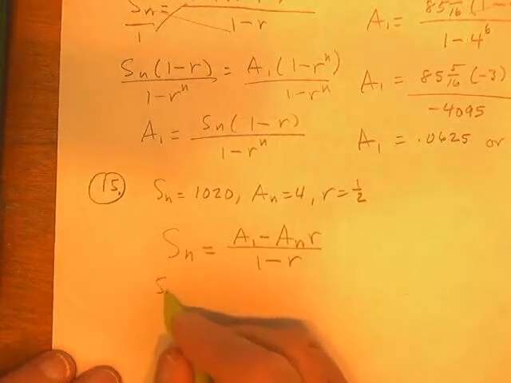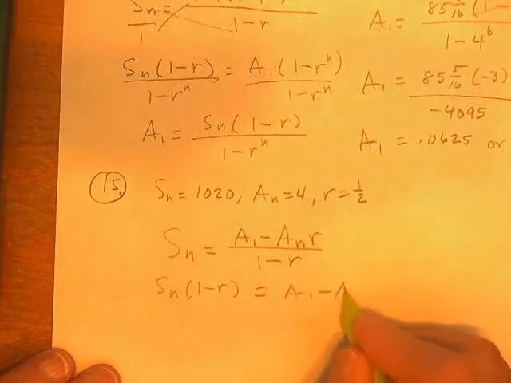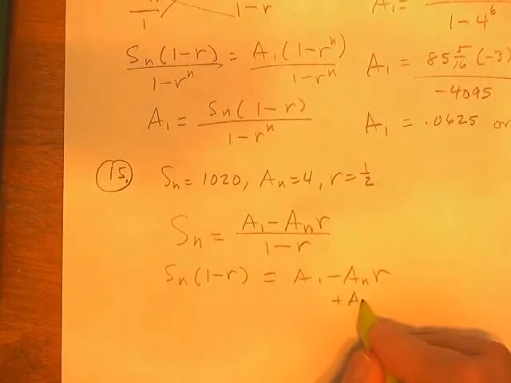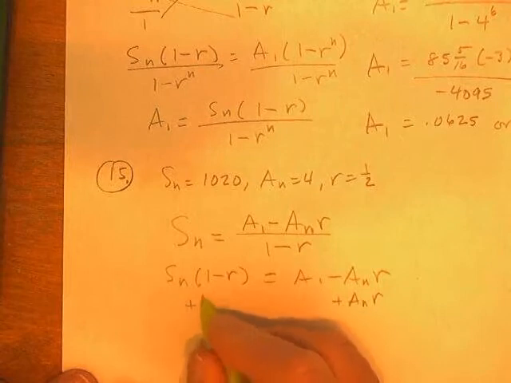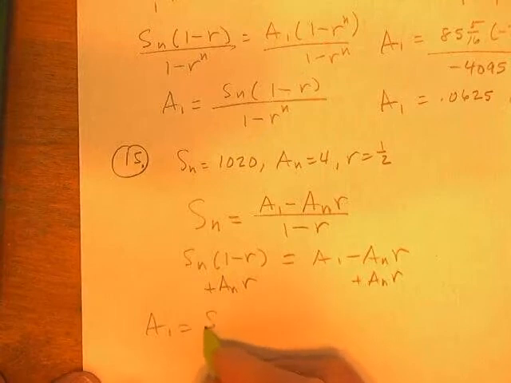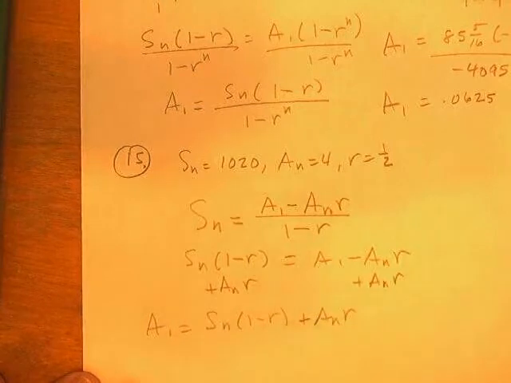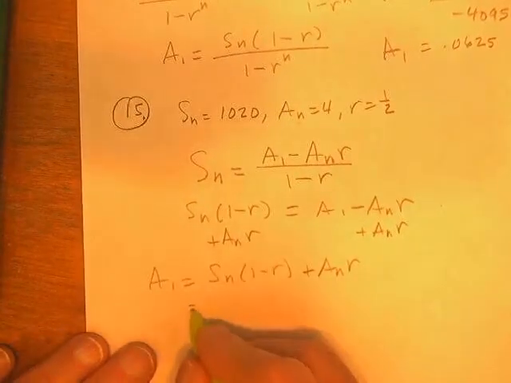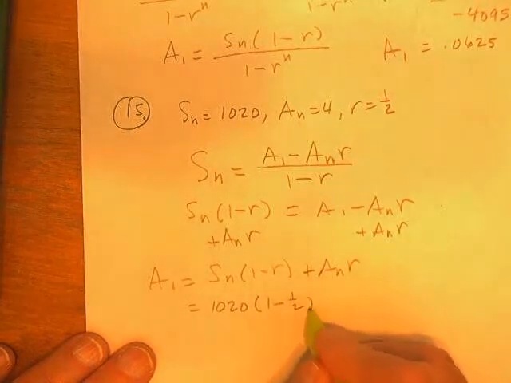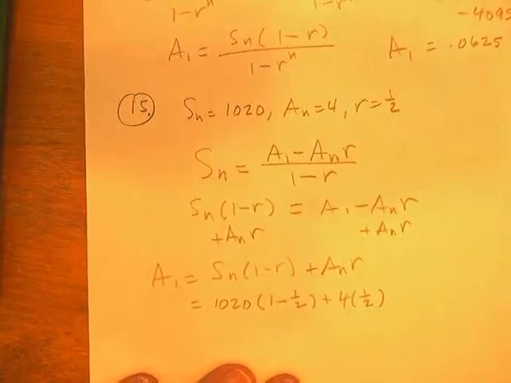Well, let's cross multiply again. And then this time, let's add an r to both sides. And what I get is the first term is going to be that. And then just plug your numbers in. 1 minus a half. An is 4 and r is a half. And then calculate.